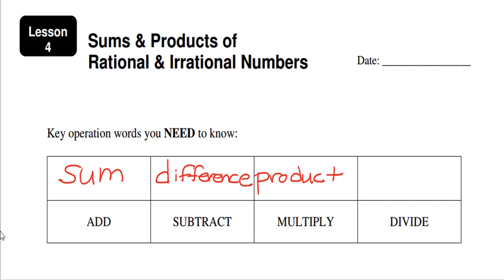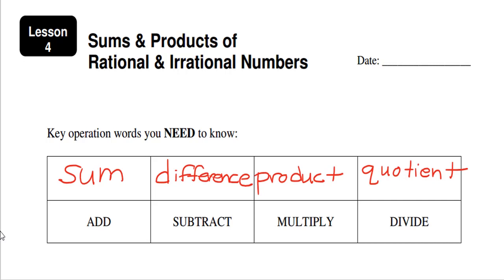Again, when I find the product, I'm finding the answer when I multiply two numbers together. And finally, when I divide, I find the quotient. So when I'm finding the quotient, that means I need to divide those two numbers.